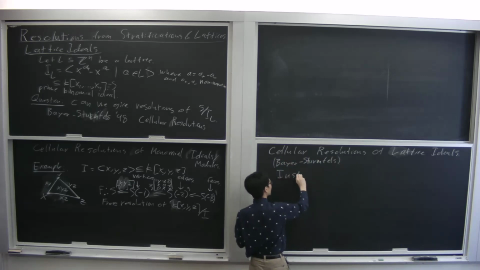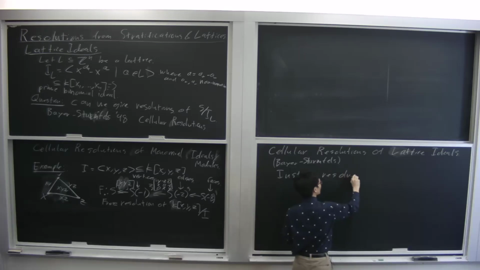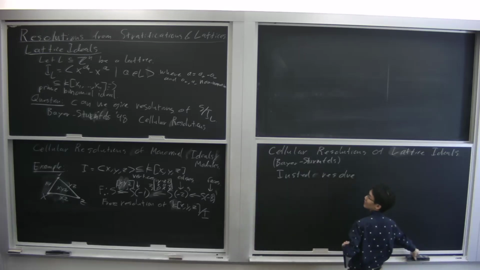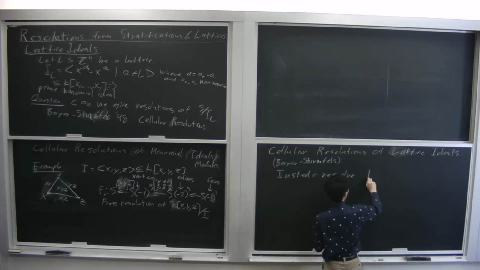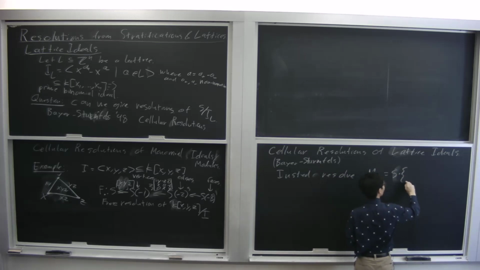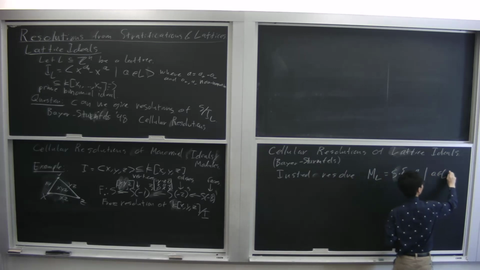Instead, resolve M sub L, where this is going to be S times the elements of the form x to the a for a in L, right?